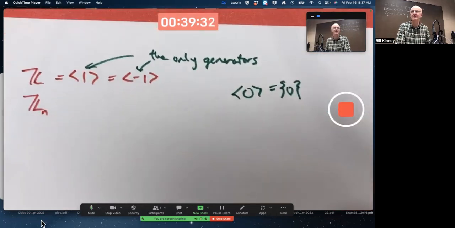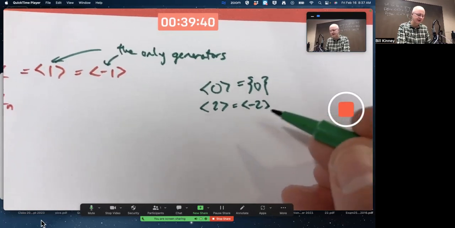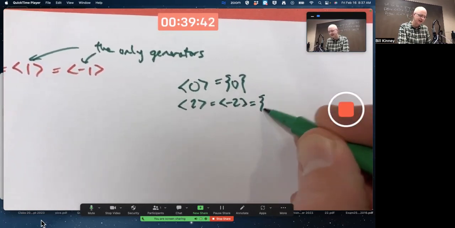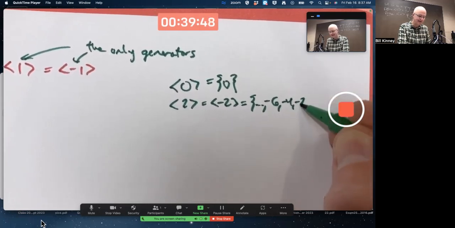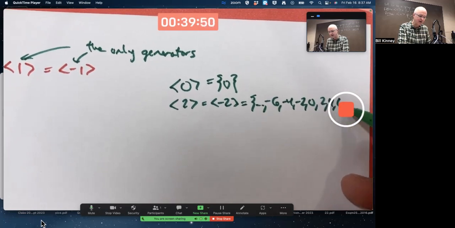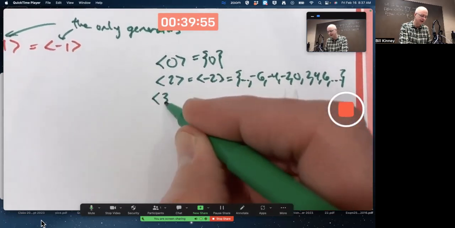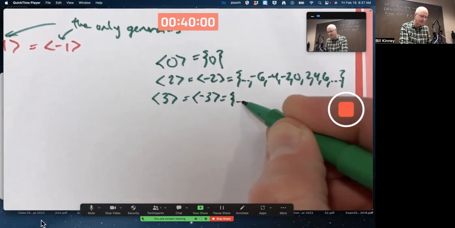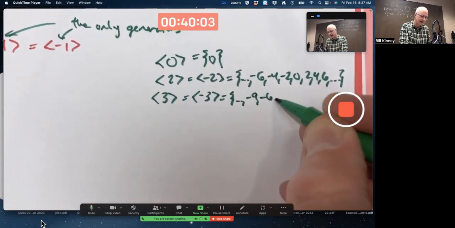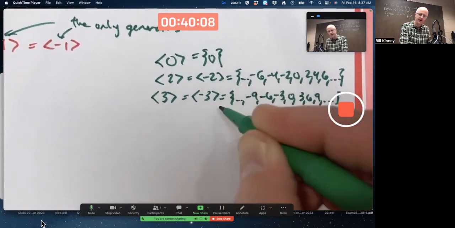It's the trivial subgroup, but you could say it's cyclic. 2 and -2 do generate all even integers, and it is a cyclic subgroup, not equal to the entire group. 3 and -3 generate all multiples of 3, and it is a cyclic subgroup, not equal to the entire group, etc. I could keep going.